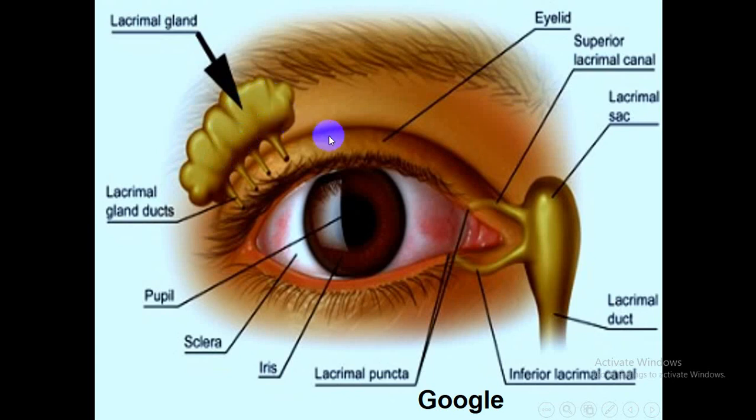Now the lacrimal canaliculi, these are two cylinder tubes about 1 centimeter in length.